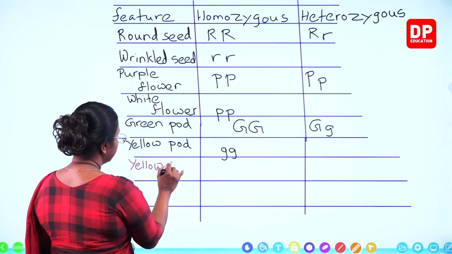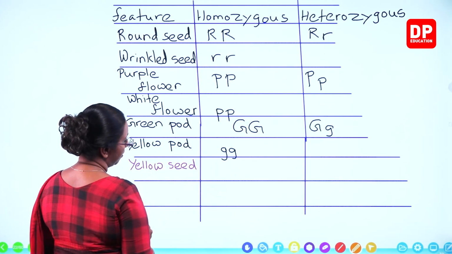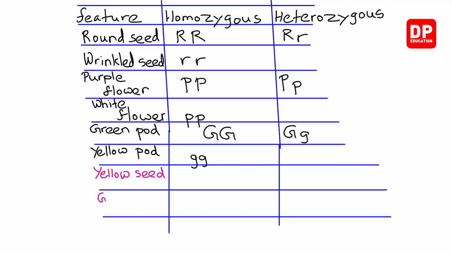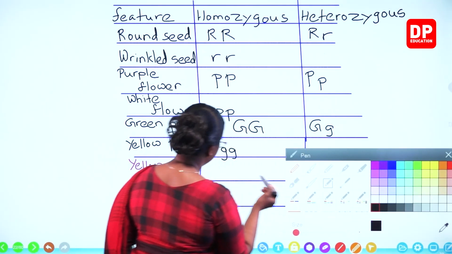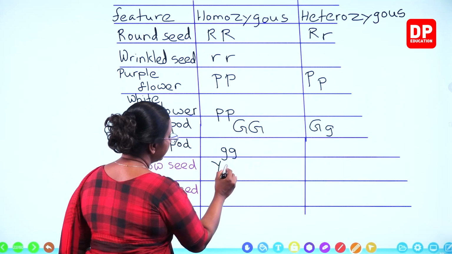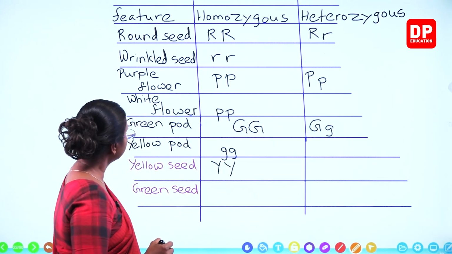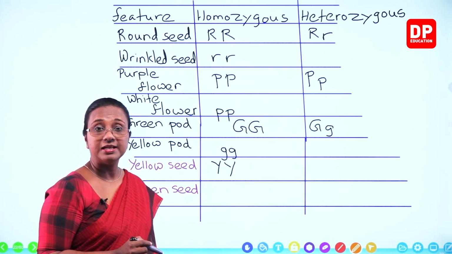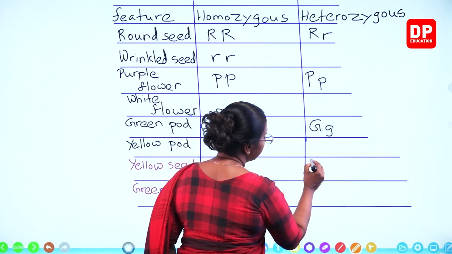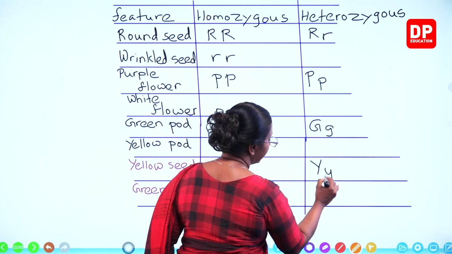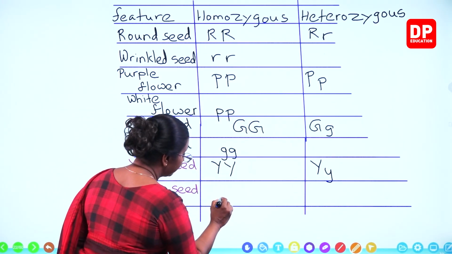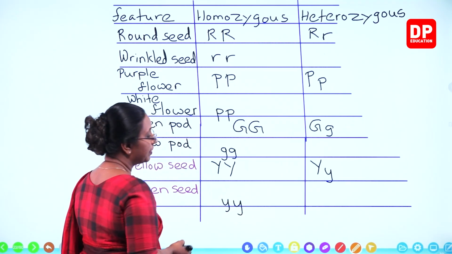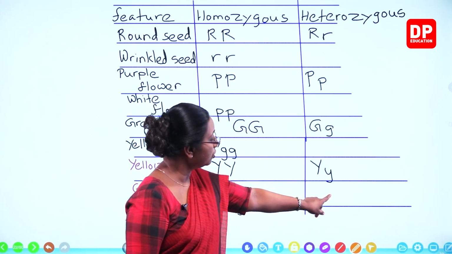Yellow seed, that is dominant. And green seed is recessive. So for this, of course, we will have to use capital Y for the homozygous dominant character. Then heterozygous dominant character, capital Y, simple Y. Whereas green seeds, it will be simple Y.